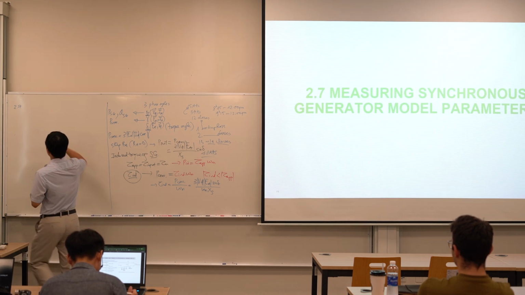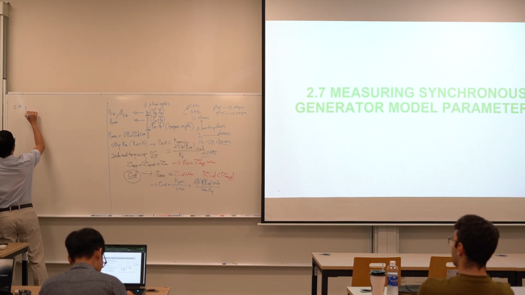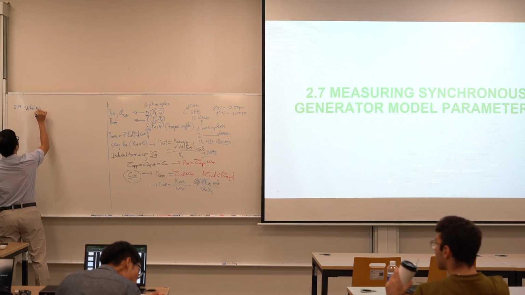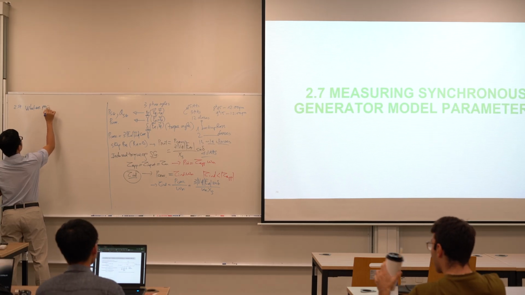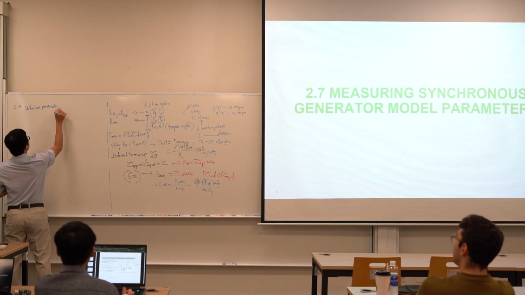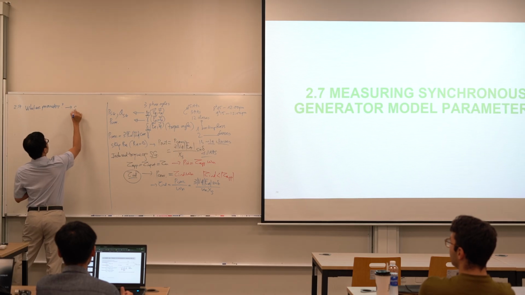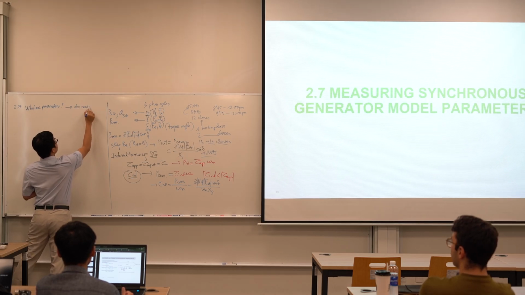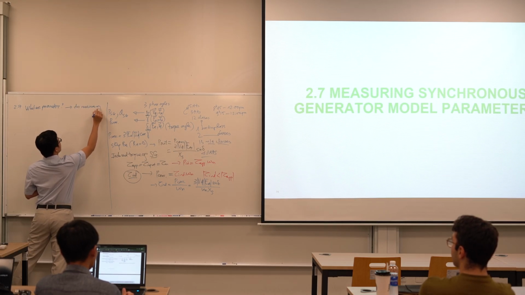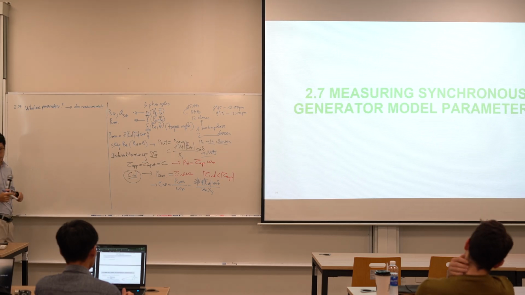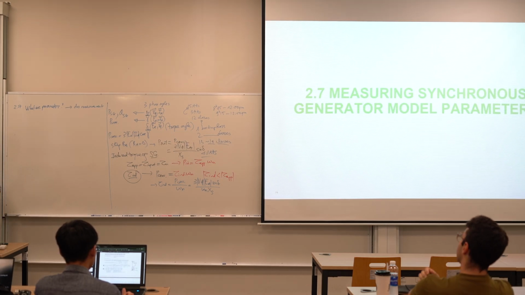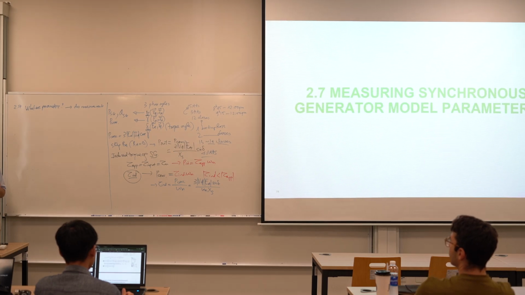First of all, you need to understand what the parameters are, before you do measurement, right? For example, if you get a fever, you need to measure body temperature, right?